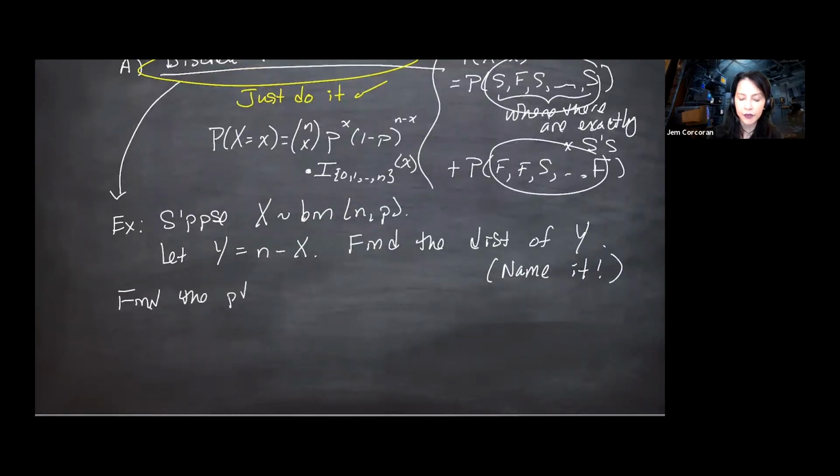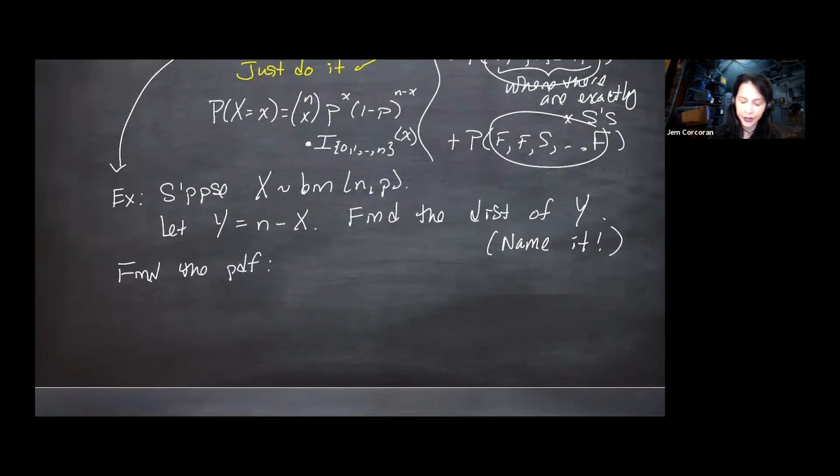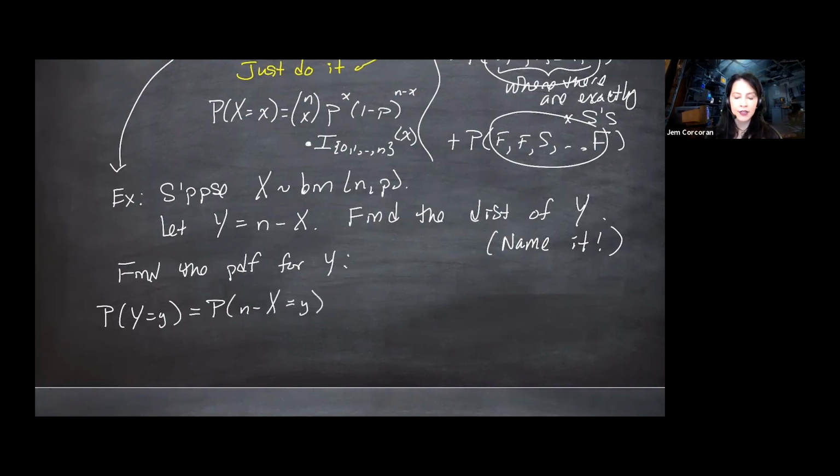So let's find the PDF or PMF, if that's what you're calling it in the discrete case, for y. That is the probability that y equals y, because it's nice and discrete. And all I know about y is that it's n minus x. So let's plug that in. And I do know things about the probability that capital X is equal to any number I want.